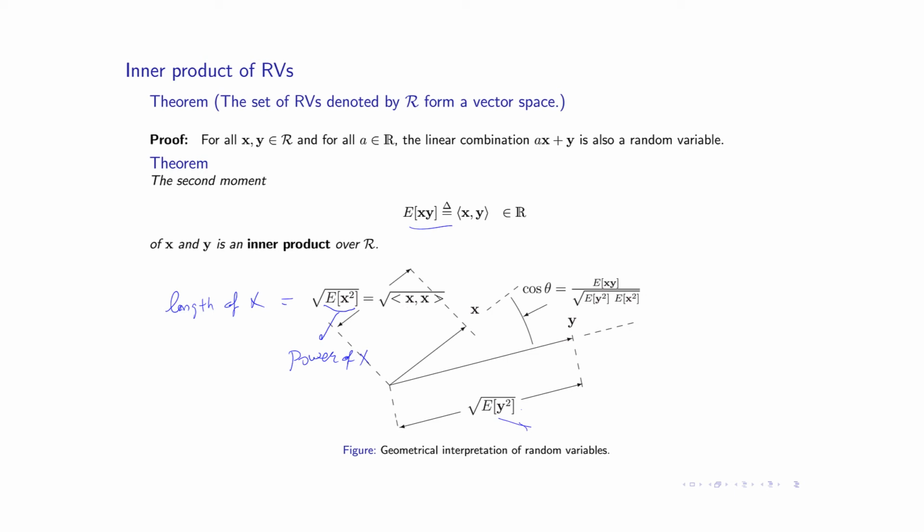Now, if you want to calculate the cosine of the angle between two random variables, you can, because the dot product of x and y is equal to the length of x, times the length of y, times the cosine of the angle between them. So you could calculate even the angle between two random variables.